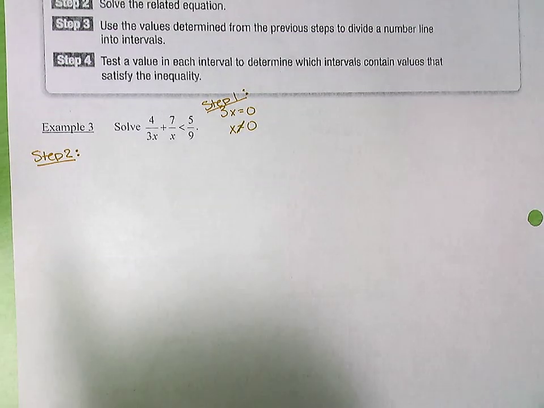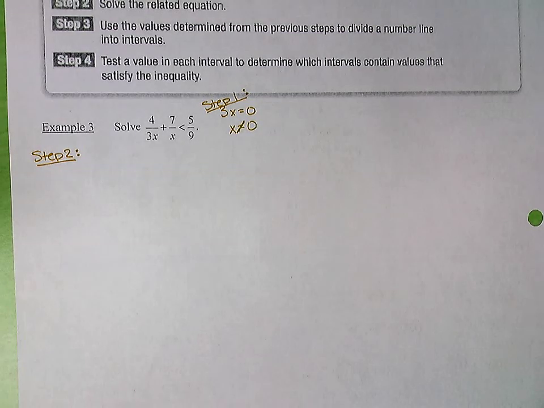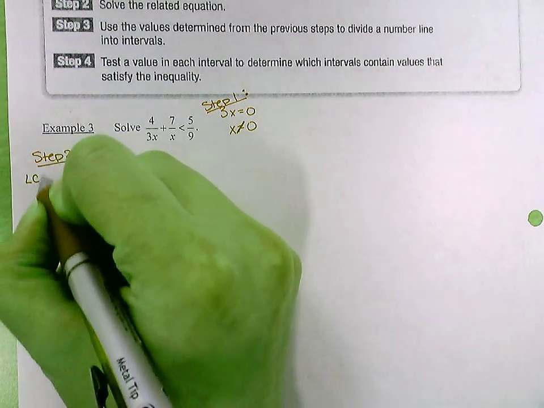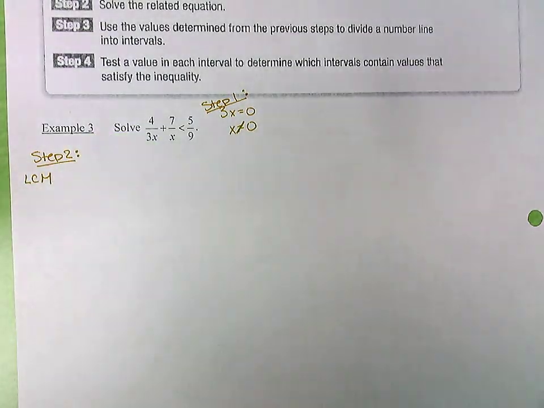All right, step 2 is to solve the equation. So just like on the front, when we're solving this equation, we want that LCM, or your least common denominator. So finding your LCM.